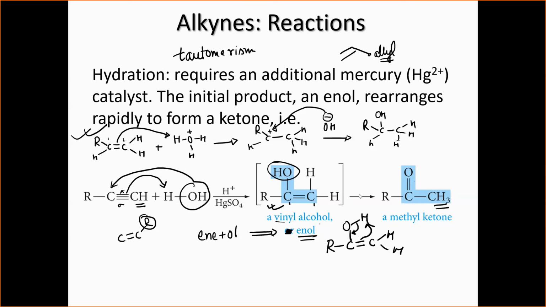And keto-enol tautomerism is not shown by this type of arrow. We have to show it as an equilibrium, with this arrow and this arrow. So basically, we're trying to show that the enol is not that stable, so it is forming more ketone. That equilibrium sign you have to show, shifting more towards the ketone. Although we know the ketone is the major product here, there is a chance that a small amount of enol is also there.